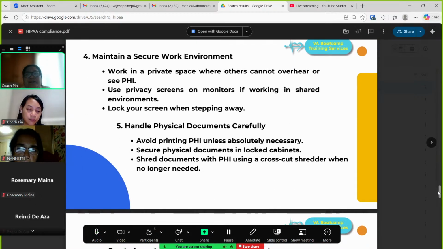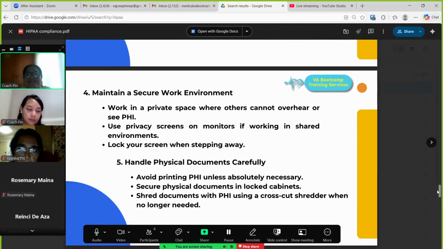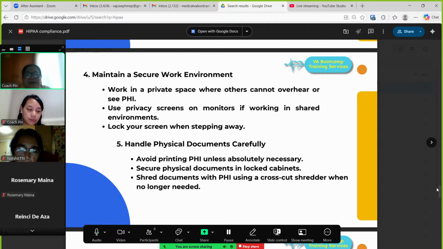And then maintain a secure work environment. So always work in a private space where others cannot overhear or see PHI. Use privacy screens on monitors if working in shared environments, and then lock your screen when stepping away. Okay, so just an example, if you will be working in some clinic or private practice, there are some doctors that will ask you what your remote work setup looks like. Sometimes they will ask you to submit a video or picture of your workstation.